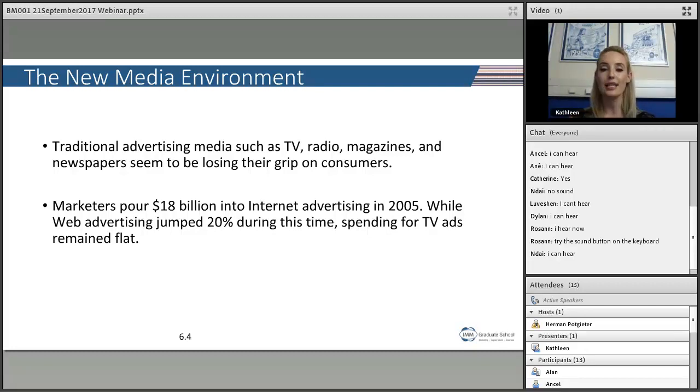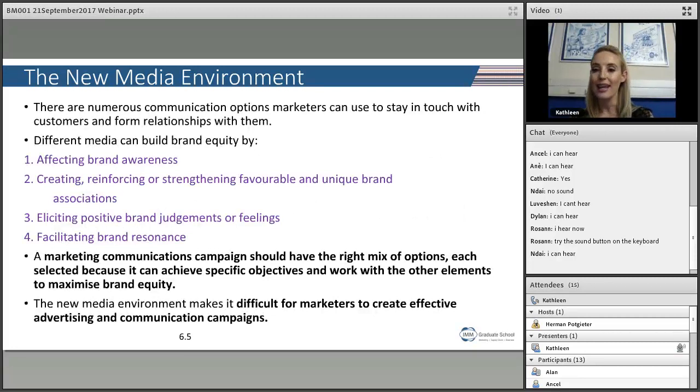Although the stats might be a little outdated, they're still relevant in that we are using more and more online and digital advertising media, but we haven't stopped using TV advertising, radio, and print. It's not like we've chosen one instead of the other. Rather, we are adding elements to improve our overall marketing communications.